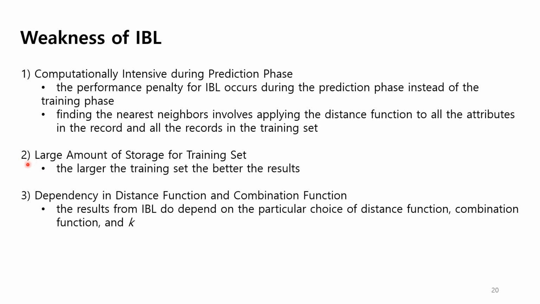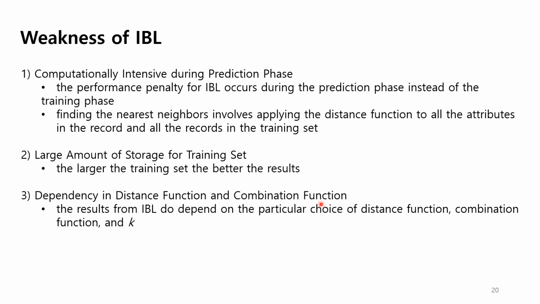The second one is that IBL stores the entire training data, so you need a large amount of storage for the training set. That's the second weakness of IBL. And the third weakness of IBL is that it heavily depends on the distance function and the combination function.